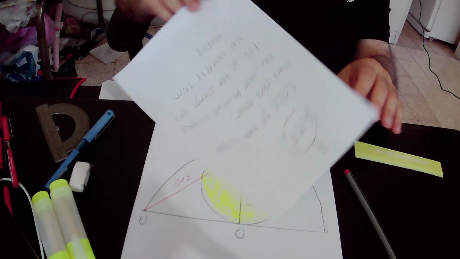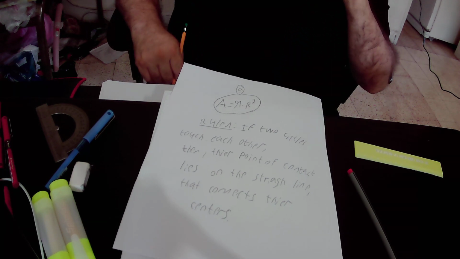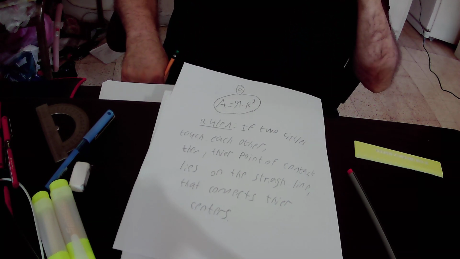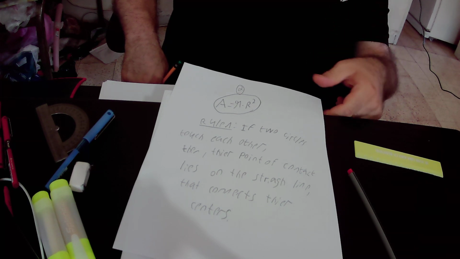I will read rule number 1 again. So rule number 1 states that if two circles touch each other, then their point of contact lies on the straight line that connects their centers.